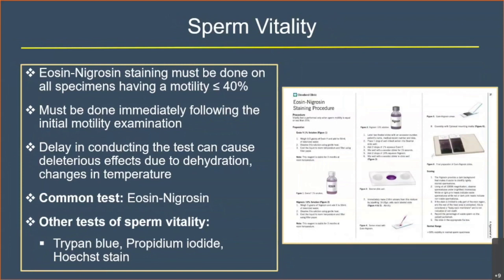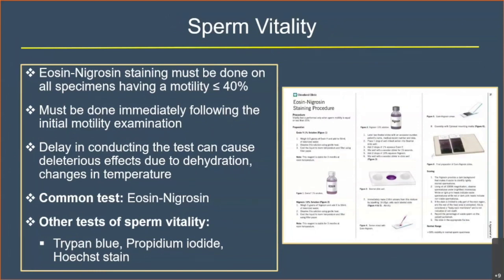The test for sperm vitality is the eosin-nigrosin staining, and this must be conducted on all specimens having a motility equal to or less than 40%. This test is done immediately following the initial examination of sperm motility.